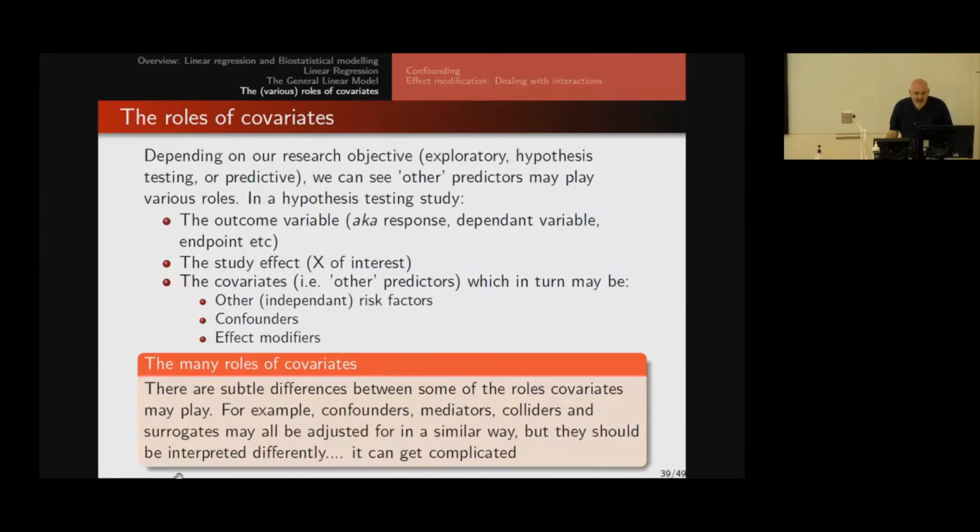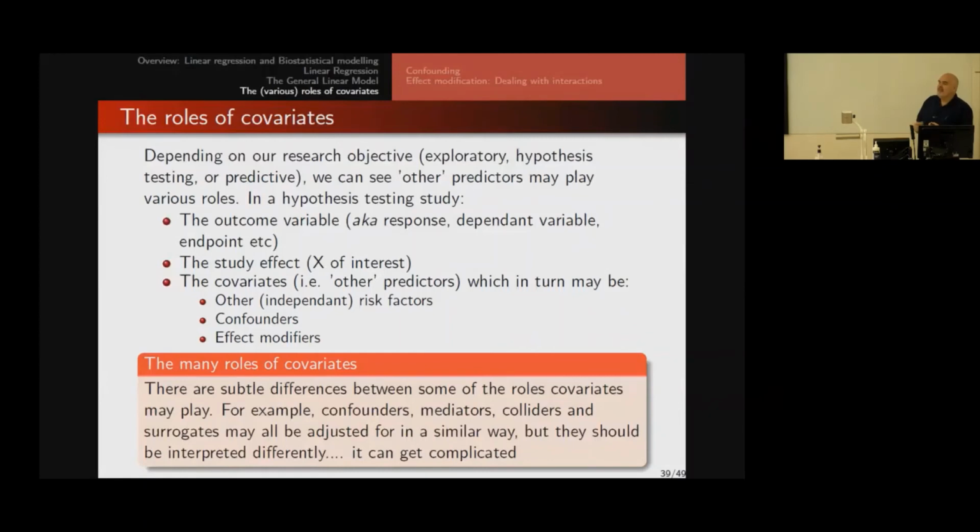Some X variables are in our research question, in a hypothesis testing study. In that case, we call them the study effect, the X variable of interest. But if they are a covariate, a variable other than our variable of interest, they can play one of three roles, sometimes several of these roles.